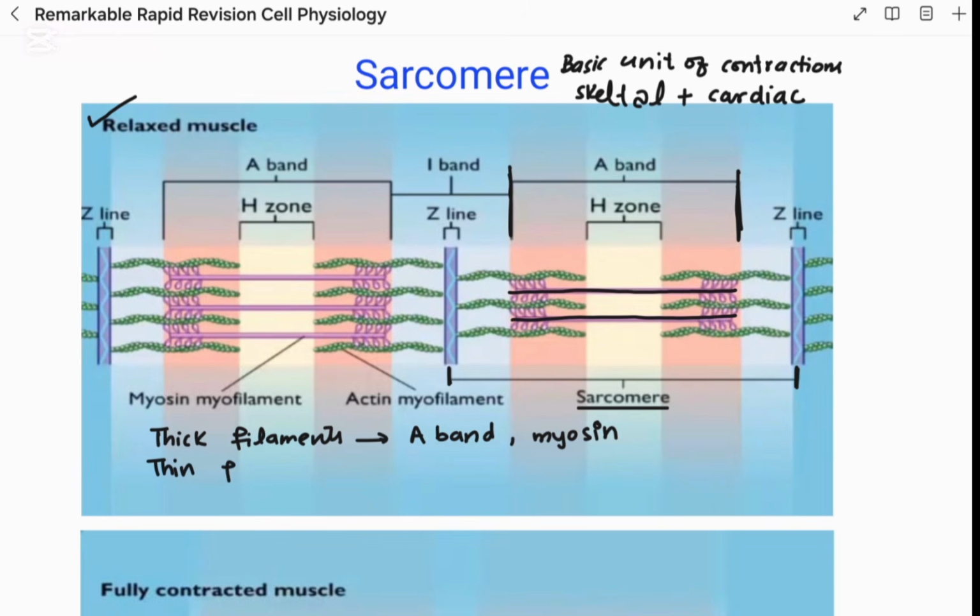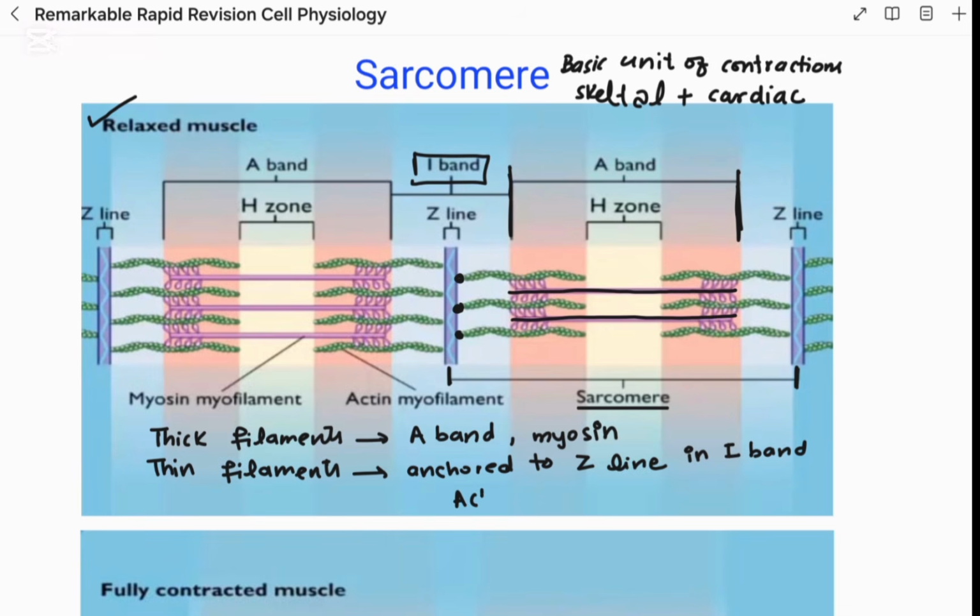The thin filaments are anchored to the Z line in the region of the I band, and they contain actin, tropomyosin and troponin.